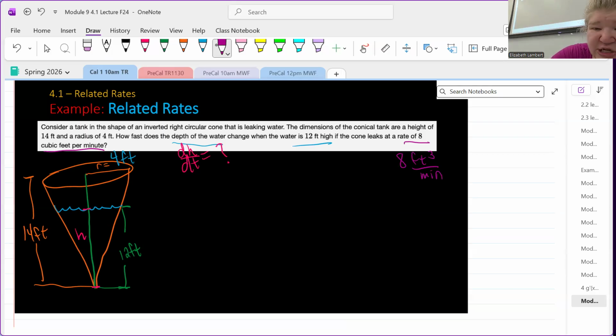So this 8 cubic feet per minute is the change in volume with respect to time, so dV dt, which gives us a clue for what formula we're going to want to use. We're going to want to use the volume, which means we have to remember the volume of a cone.